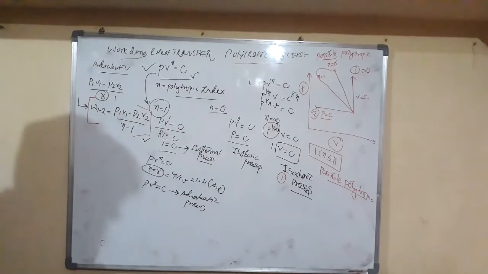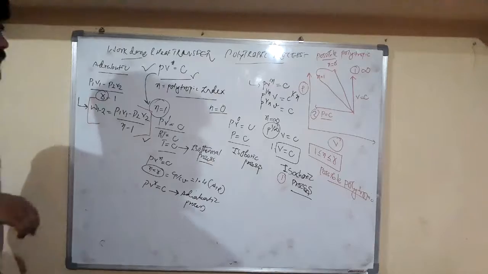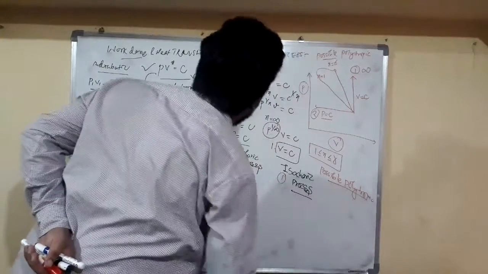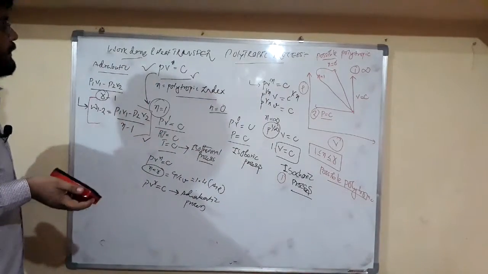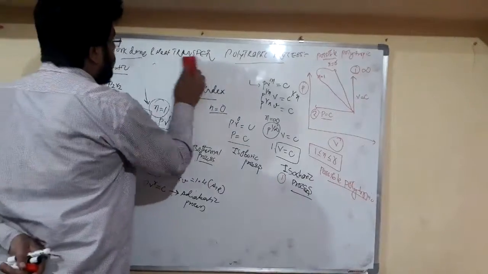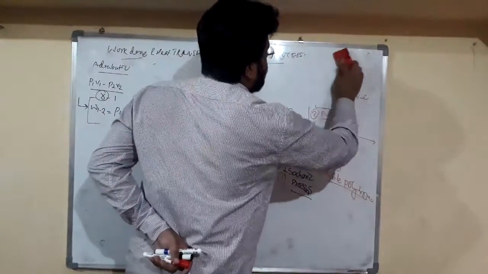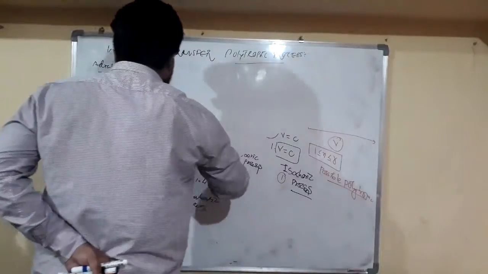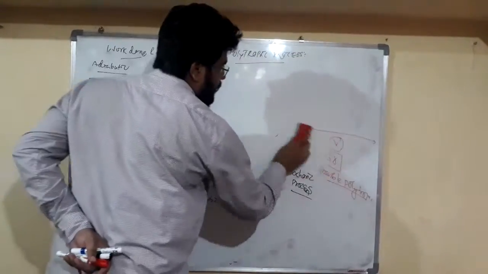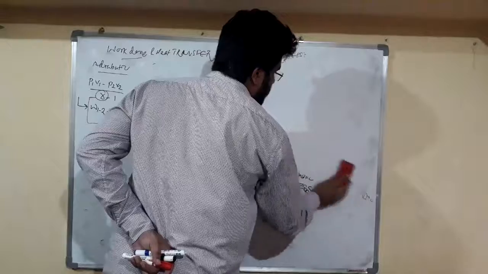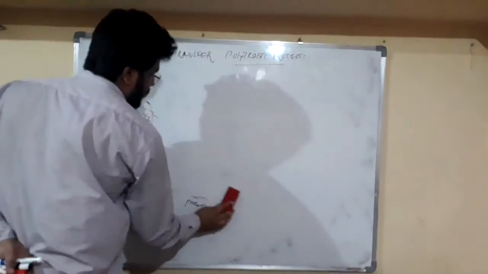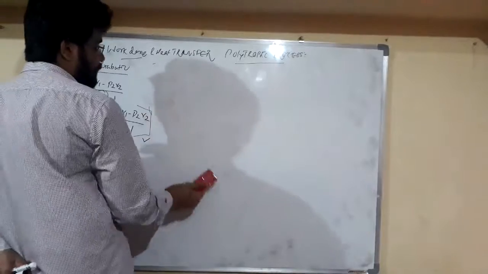Now friends, how can we derive our heat transfer in case of the polytropic process? We will use the first law of thermodynamics for the derivation. Friends, this is our work done.